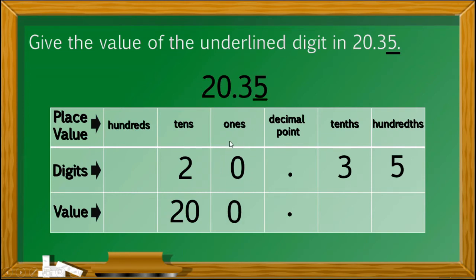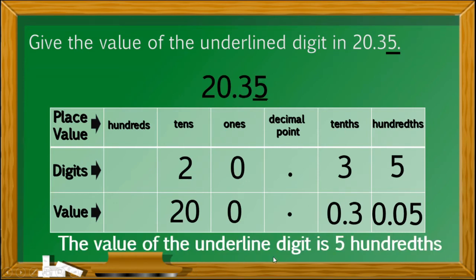Value nito ay 0. Ang value nito ay 3/10. Ang value nito ay 5 hundredths. So ang tanong, anong ang value ng may underline digit, yung 5? So ito yon. Anong value? The value of the underlined digit is 5 hundredths.